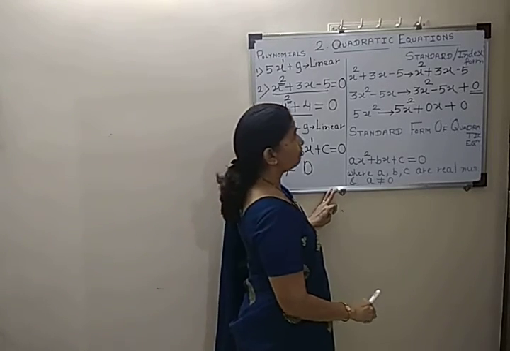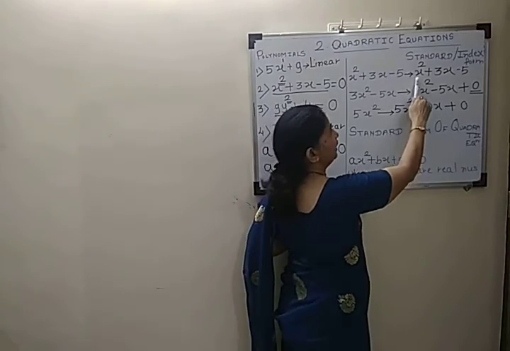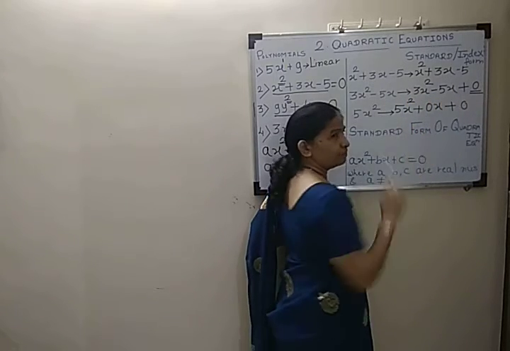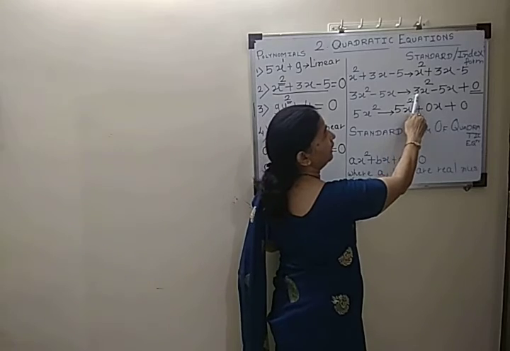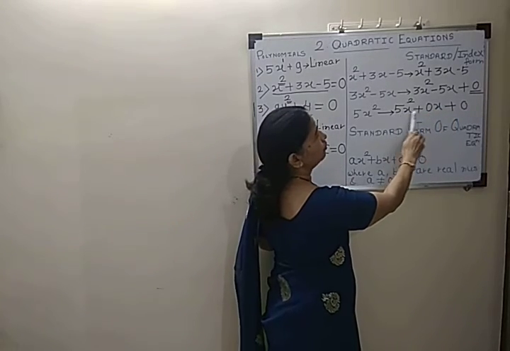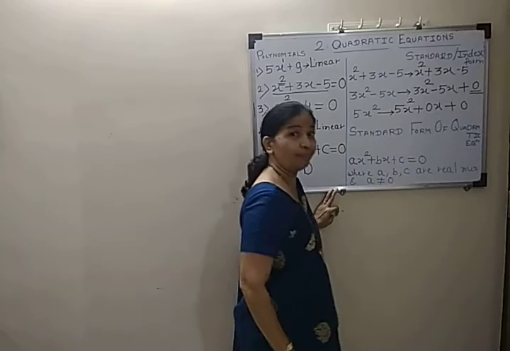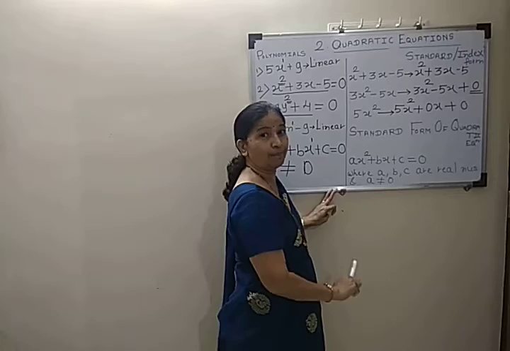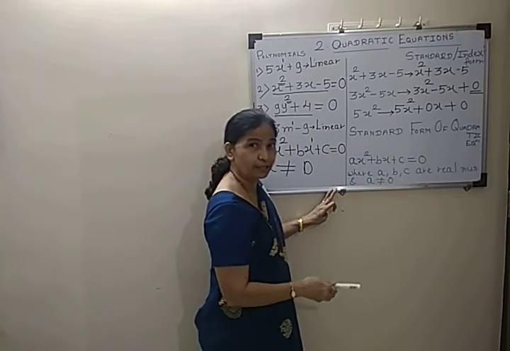Here if you are observing the coefficients, here they are 1, 3, minus 5. Here 3, minus 5, 0. Here 5, 0, 0. This we will discuss in the next period.